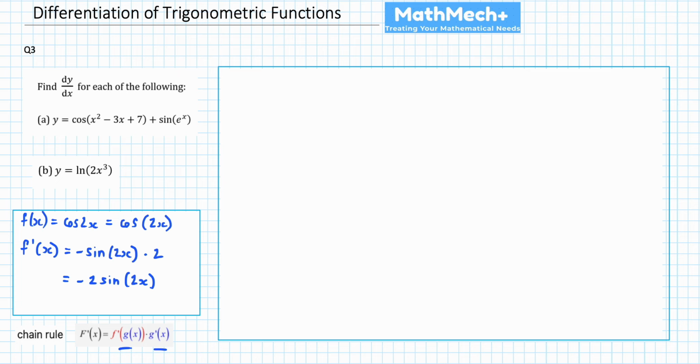Ideally, you should have a list of the derivatives in front of you on paper, so you can check them as you go along with these kinds of questions. Our first question here, we're going to denote the inside part as u, and u is x squared minus 3x plus 7 for our first term there with cosine.